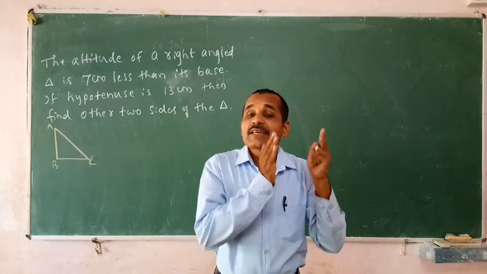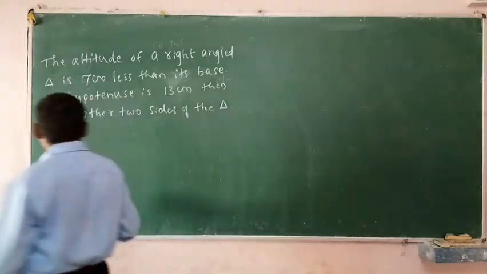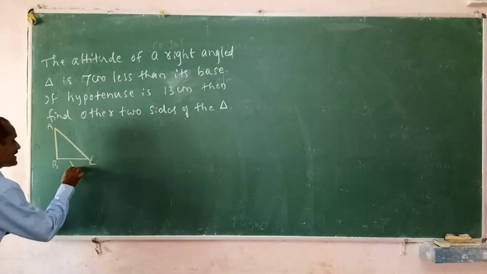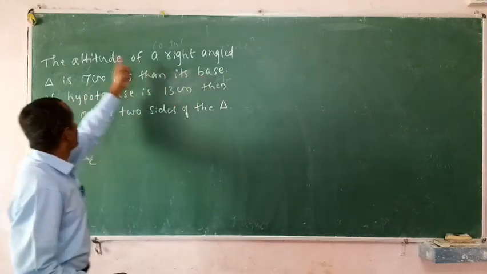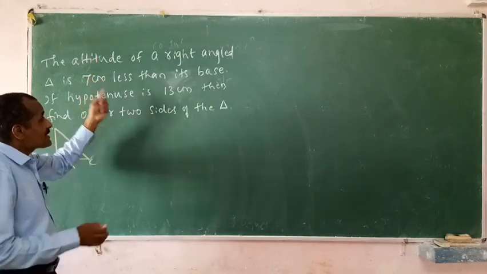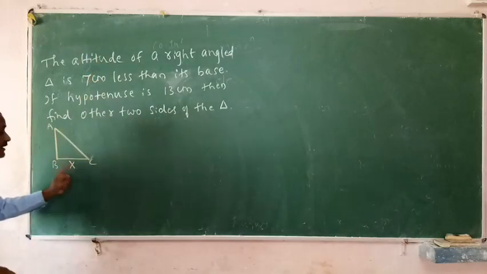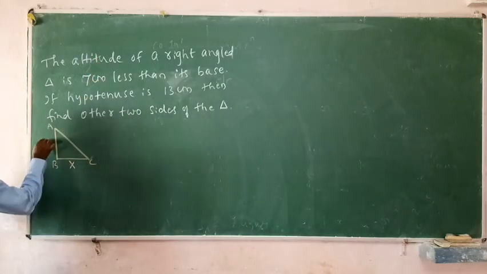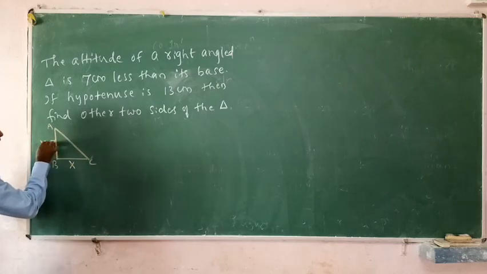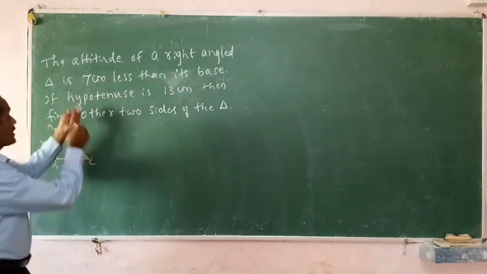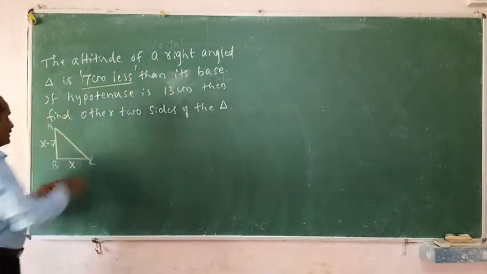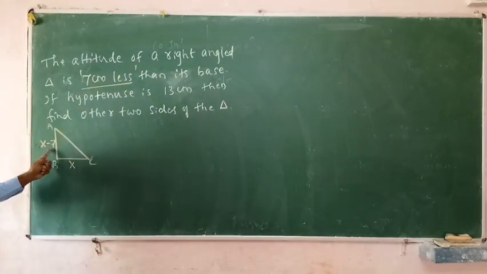How much less? 7 centimeter less. So I will take the base as x, and altitude is 7 centimeter less than the base. I can call this x minus 7 because this is 7 centimeter less. So this is x, this is x minus 7.